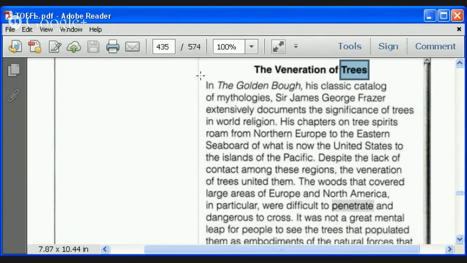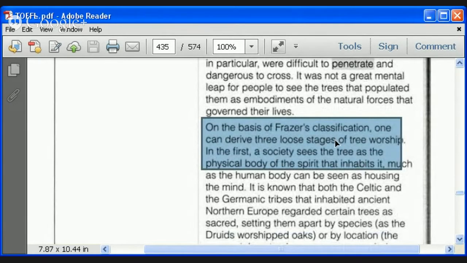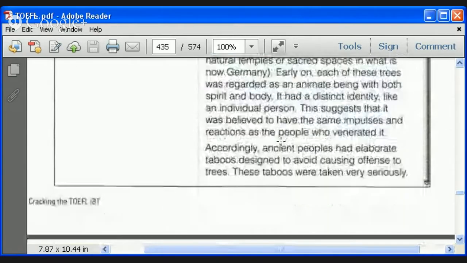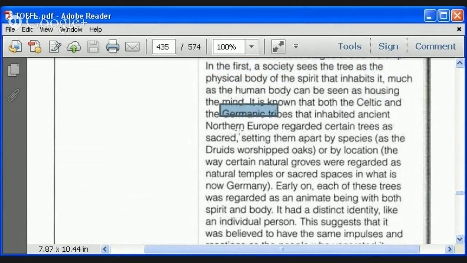In the skimming technique, I would recommend reading the first paragraph. After that, read the first or maybe the first 2 sentences in each supporting paragraph and then just skim down. When you skim down quickly, you're only looking for words that are repeated or capitalized words: Celtic, Germanic, Northern Europe, Druids, worshipped oaks, Germany.